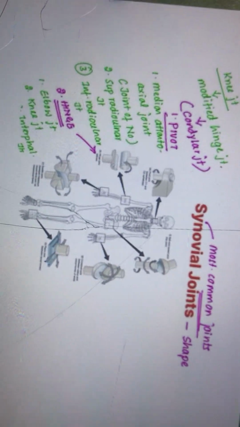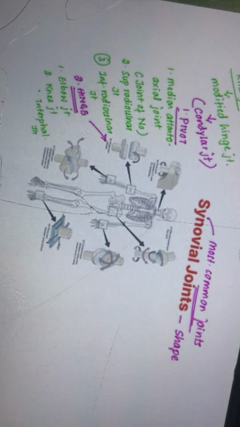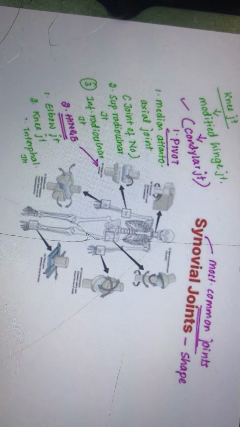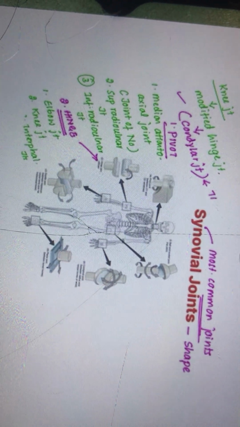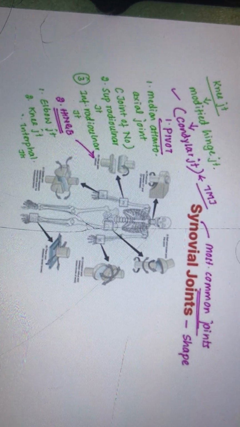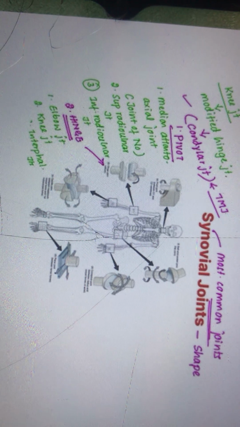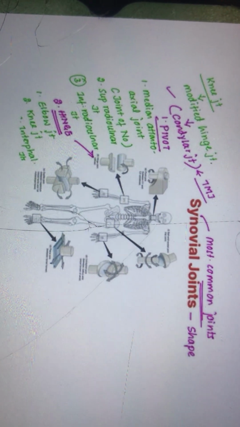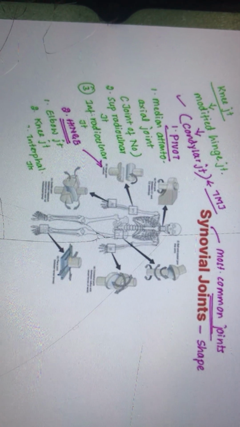So knee joint is often described by many authors as condylar joint. Apart from the knee joint, even the temporomandibular joint, the TMJ, can be an example for condylar joint or bicondylar joint.